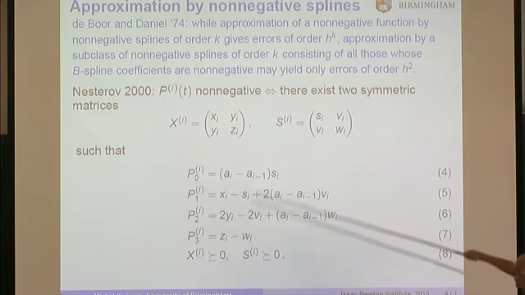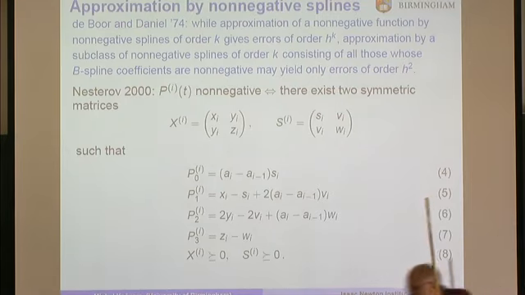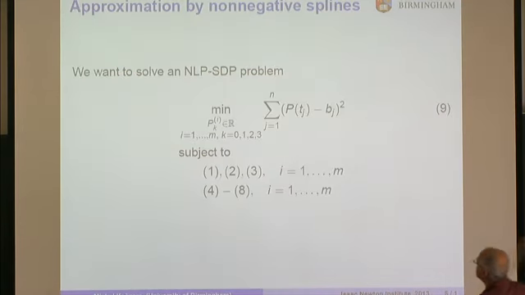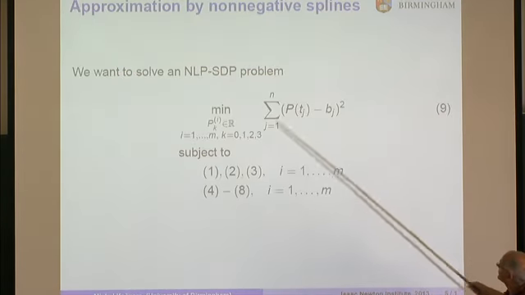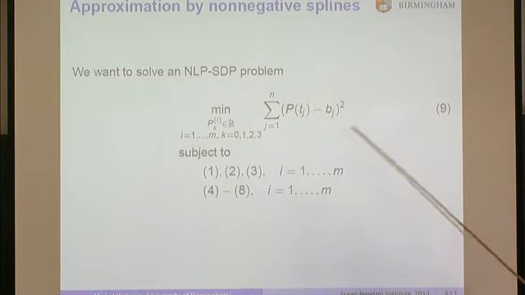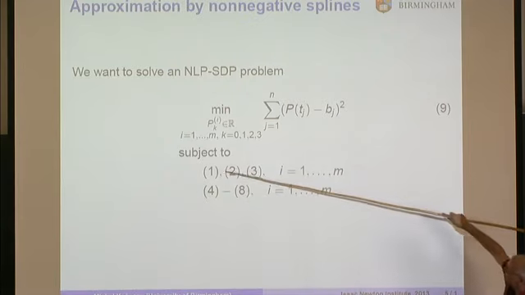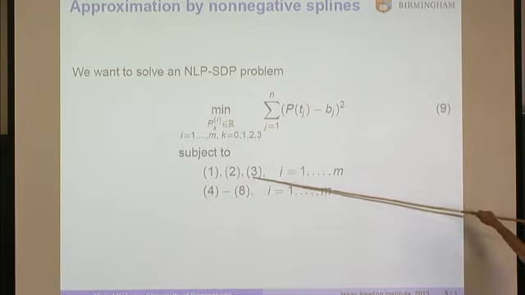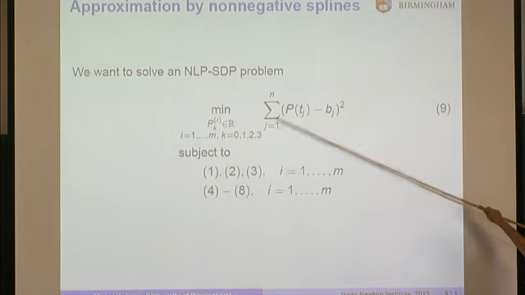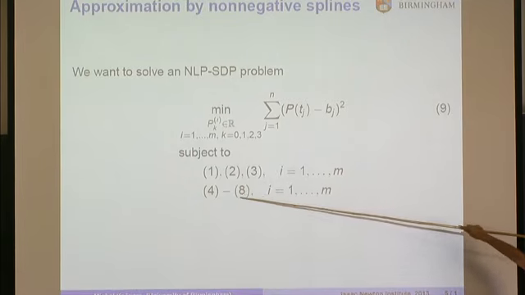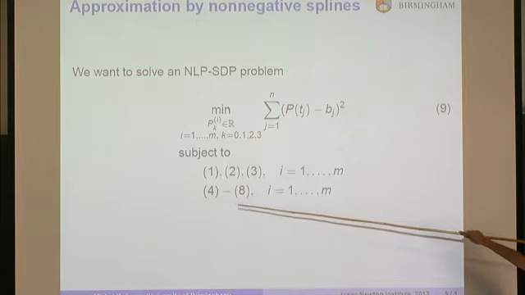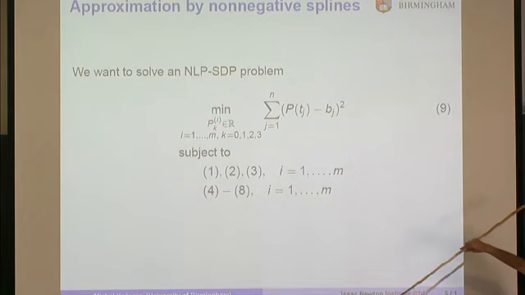take this set of conditions on each sub-interval, and we can define such an optimization problem. So we minimize this quadratic function. Again, we want to get the spline as close as possible to the measured points, subject to 1 to 3 equality constraints, which says that it is indeed a spline, and another constraints 4 to 8, which are some equalities, but those are also the matrix inequalities.